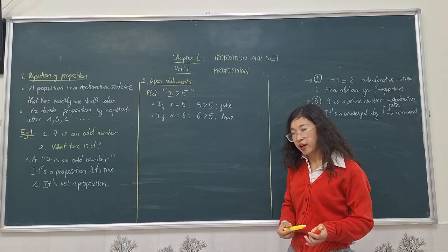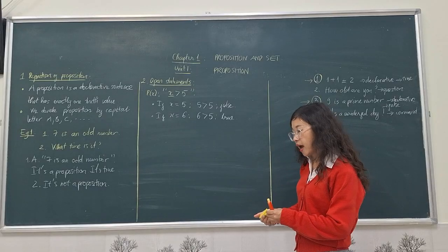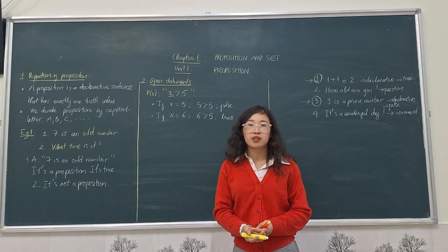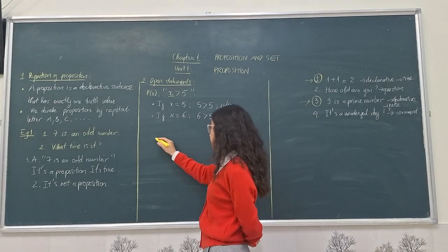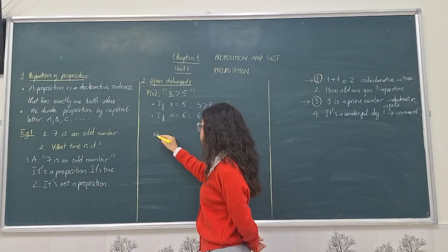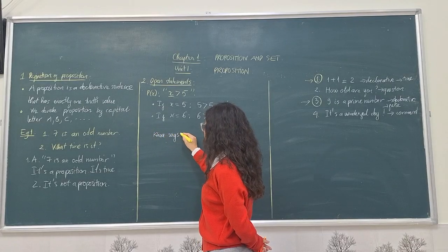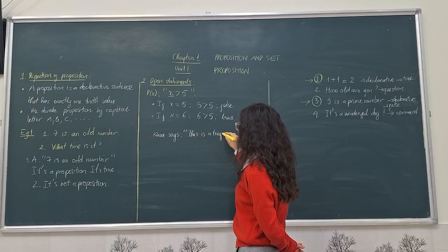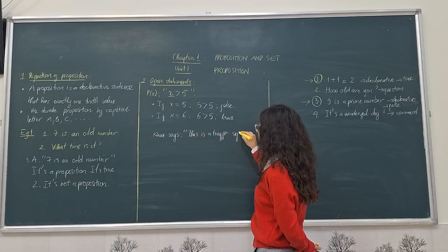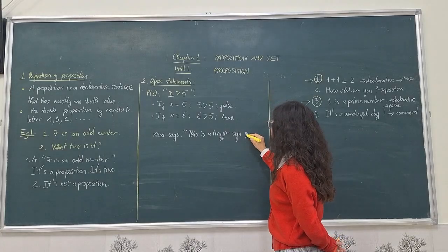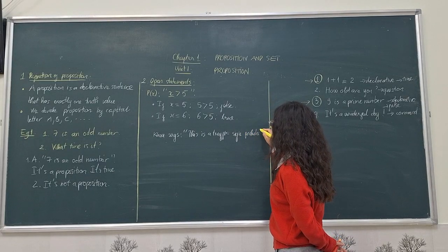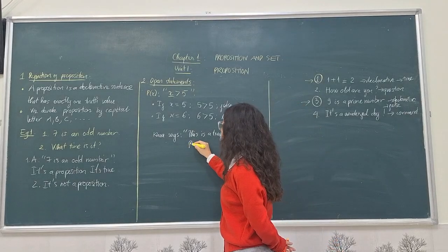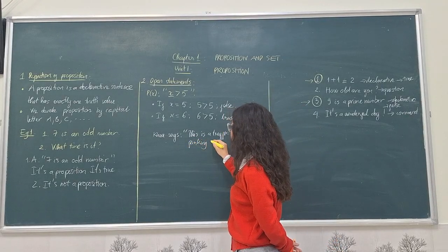Now, I have a problem. Inquire goes on the street and sees a traffic sign. What does it say? This is a traffic sign prohibiting parking and stopping.